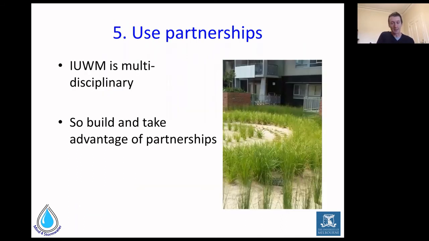Use partnerships. I think we've covered this. By definition, water sensitive urban design or integrated urban water management, whatever we want to call it, is multidisciplinary. It's not just a job for an engineer. It needs botanists. It needs social scientists. It needs economists. It needs monitoring experts. It needs maintenance teams.